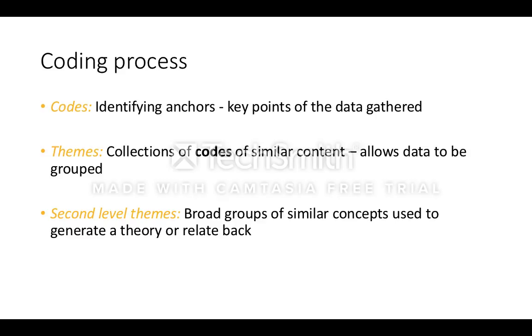And we might look at the relationship between the emotion that one feels at the first social work visit and the context of one's life. So what's the relationship between feeling anxious at your first social work visit and having a lot of external stressors in one's life? And that's done with second level themes.